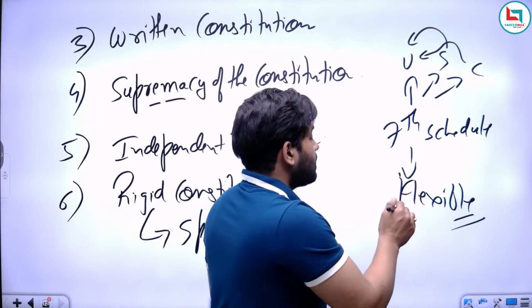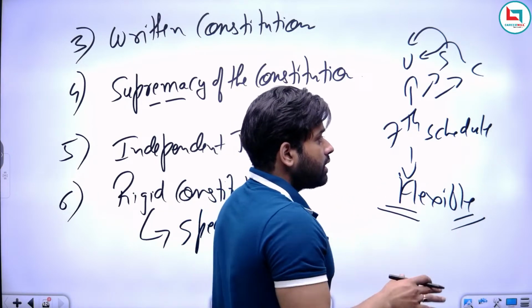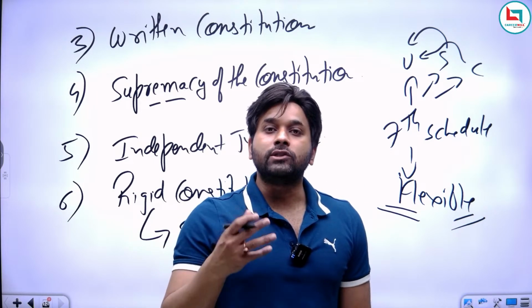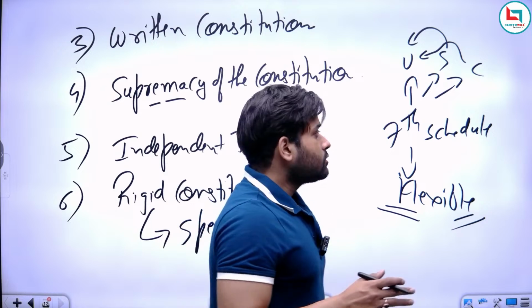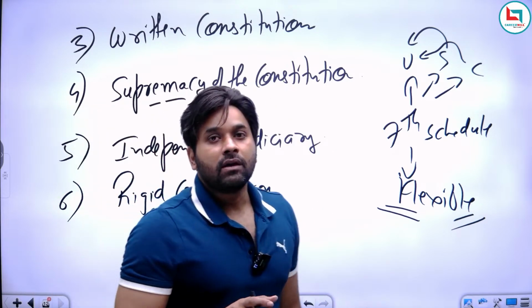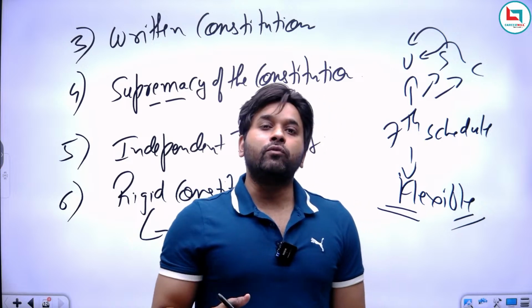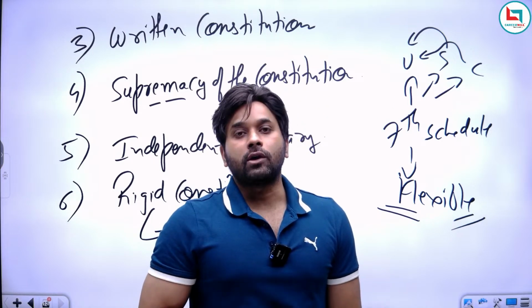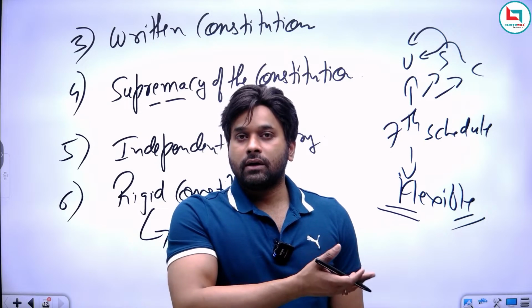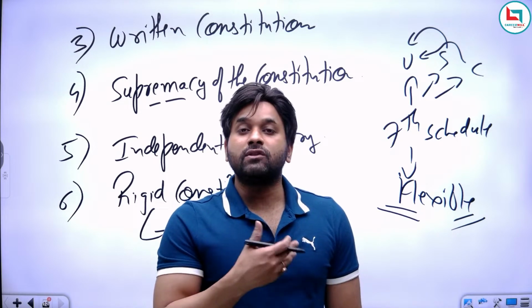So if such provisions are flexible, then it is very easy for parliament to assume all the powers. So remember, there are certain provisions in our constitution which are not flexible, which are rigid. You can amend the provision, but it requires a special majority, and it is not an easy task for the government to achieve a special majority.